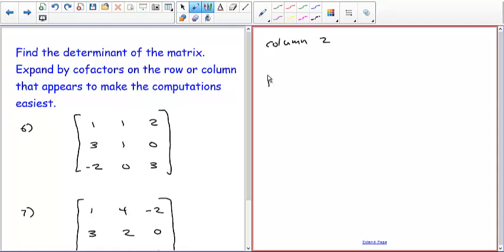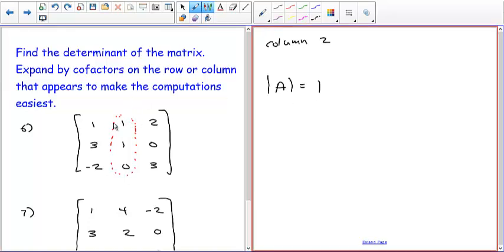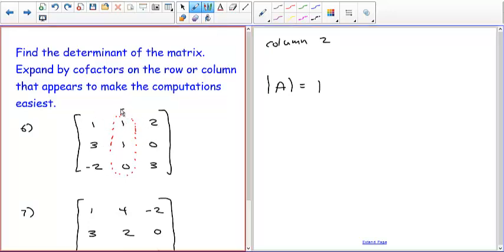So the determinant of this matrix, we'll call it A. What we're going to do is draw kind of like a dashed line around column 2. So you take this number 1, and because it goes positive, negative, positive, negative, this one's negative. This will be positive. This one will be negative.